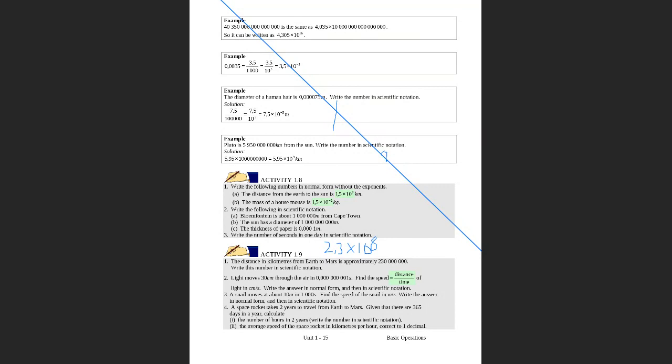Yes, depending on how many times you move the decimal place. Oh, so it's possible to have 10 to the power of maybe 2,000. Yes, but normally in a normal examination, you can never be asked to convert a number to scientific notation where the power is 2000.